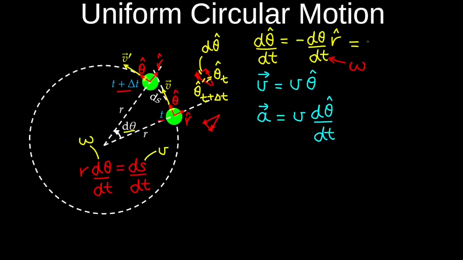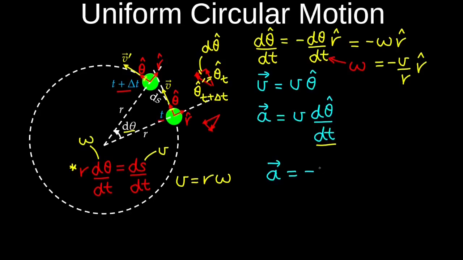So this expression becomes minus omega in a radial direction, and using this relationship where v equals r omega, we can write this as follows. Then substituting for d theta dt into this expression, we obtain an equation for the centripetal or center-seeking acceleration.